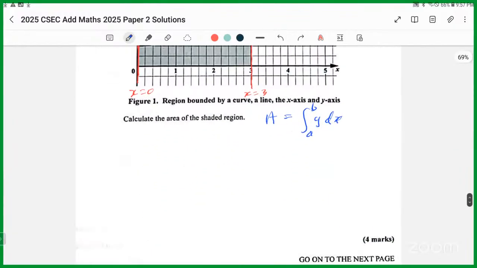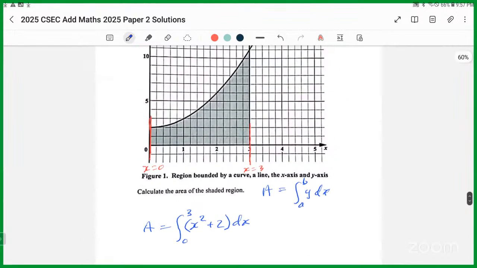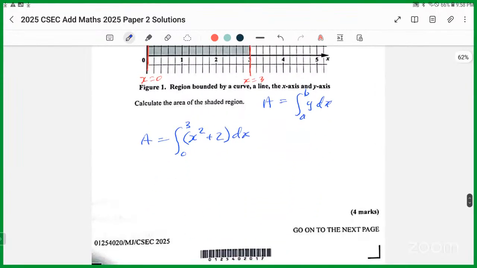So the area that I want becomes the integral between 0 and 3 of x squared plus 2. Don't forget to integrate with respect to x.